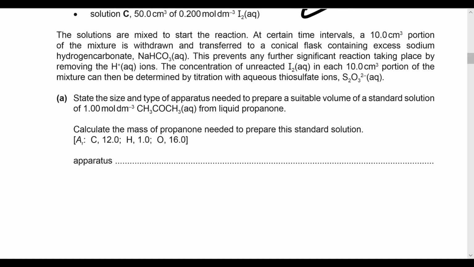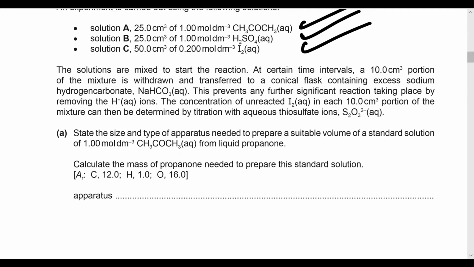The solutions are mixed to start the reaction. That means all of these solutions, A, B, and C, are mixed to start the reaction. At certain time intervals, a 10 cubic centimeter portion of the mixture is withdrawn and transferred to a conical flask containing excess sodium hydrogen carbonate to prevent any further significant reaction taking place by removing the hydrogen ion.